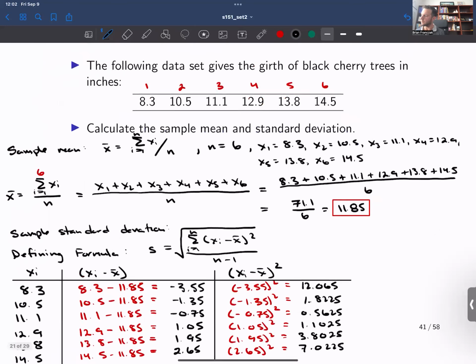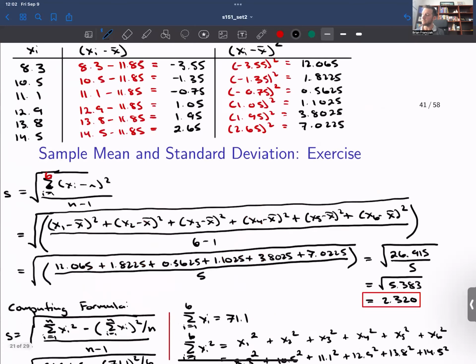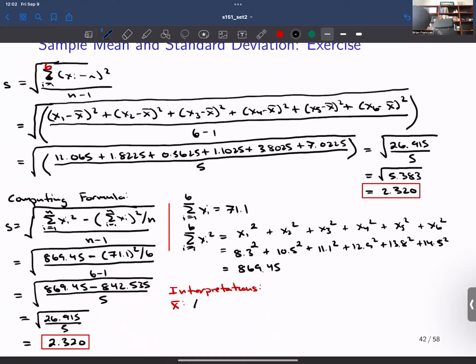Because that's what we computed above, or 11.85 inches. Okay, so the average girth of black cherry trees is 11.85 inches. All right, what is the sample standard deviation telling us?